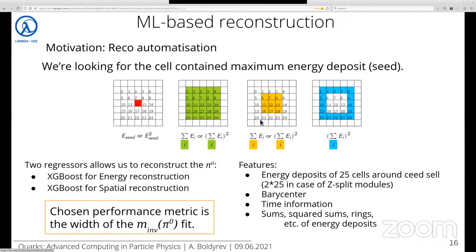Besides the energy deposits in the mentioned 25 cells, we consider the barycenter, reference time information, and various combinations of these features. And our chosen performance metric is the width of the invariant mass of the pi0 and also the width of the B meson.